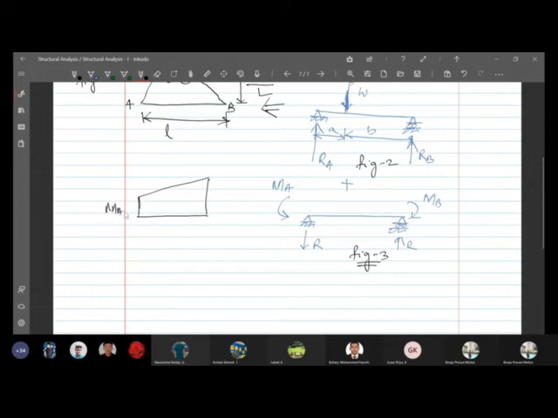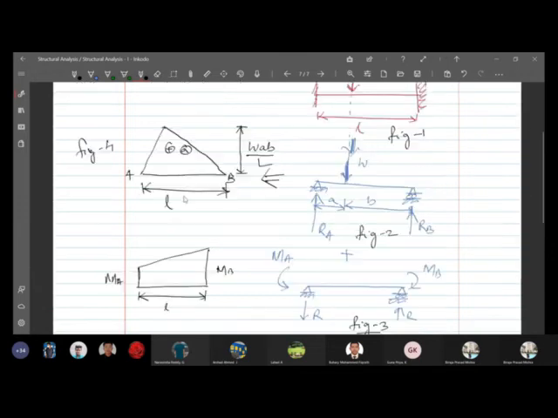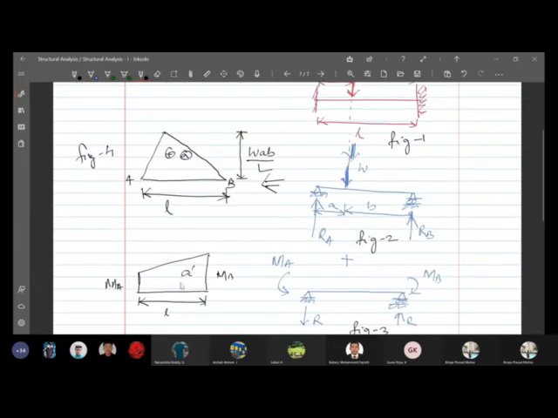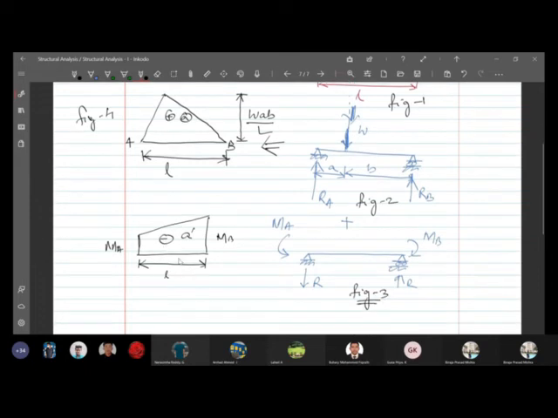This is MA, this is MB, and this is L. Let us say the area of this one is A dash. This is figure 5. This is the free bending moment diagram, and this is the fixed bending moment diagram.